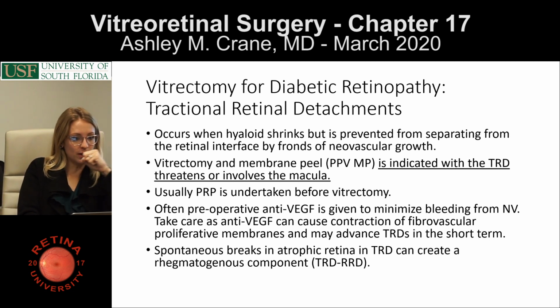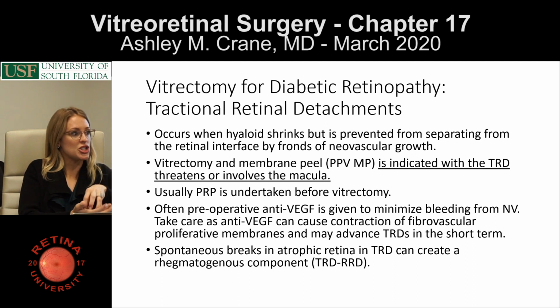Okay, so tractional retinal detachments occur when the hyaloid shrinks but cannot come loose. A PVD cannot happen because there's neovascularization and basically an adhesion between the hyaloid and the neovascular membrane. So we talked about that it's indicated when the TRD threatens or involves the macula, or when other reasons require you to go to surgery, like a non-clearing vitreous hemorrhage.